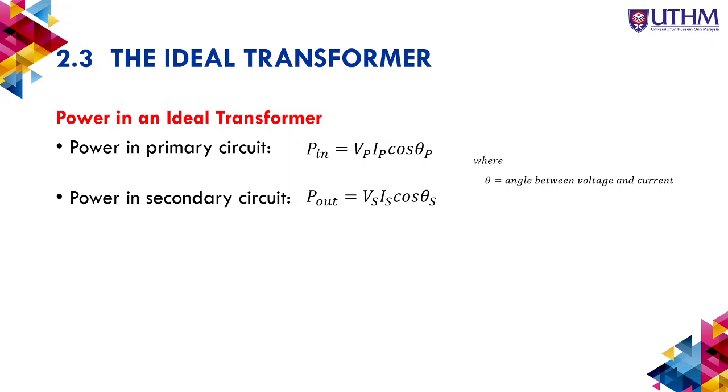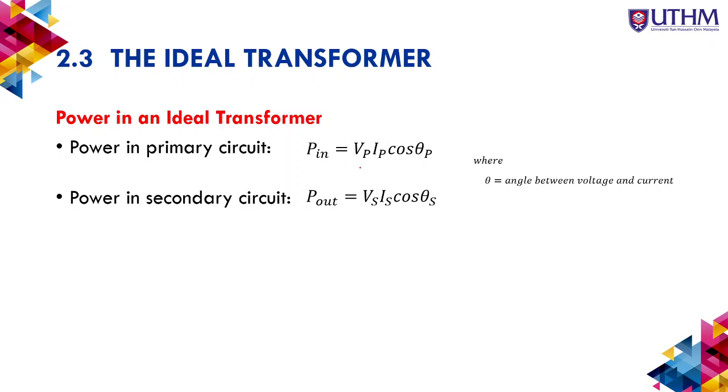So in short, for an ideal transformer, the power in the primary side and the power in the secondary side are the same. You must remember that P in and P out will be the same, but of course there is a calculation for each.